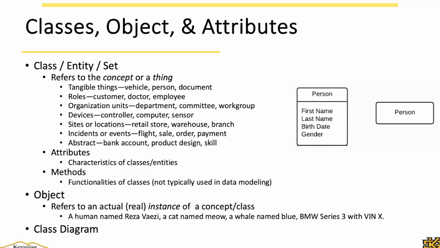A class is an overarching concept such as humans, animals, vehicles, employees, customers, locations, or sites. The actual instantiation of the concept is called an object. So an object has all the attributes and methods of the class.